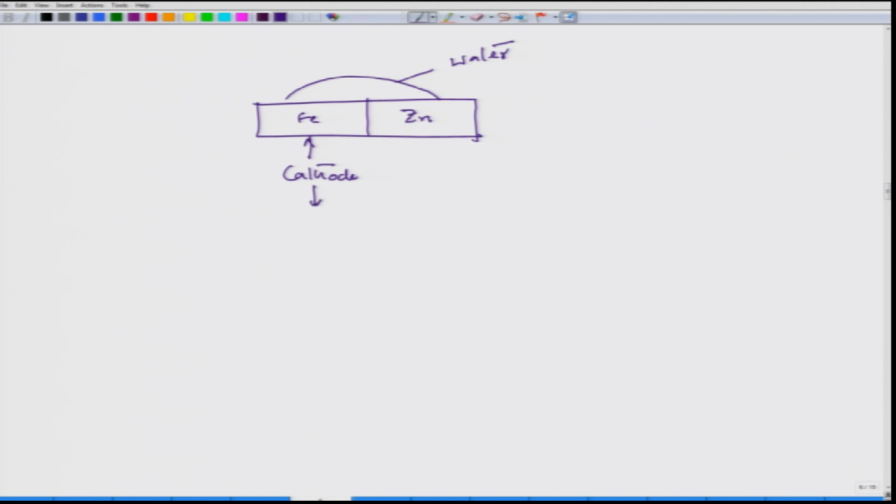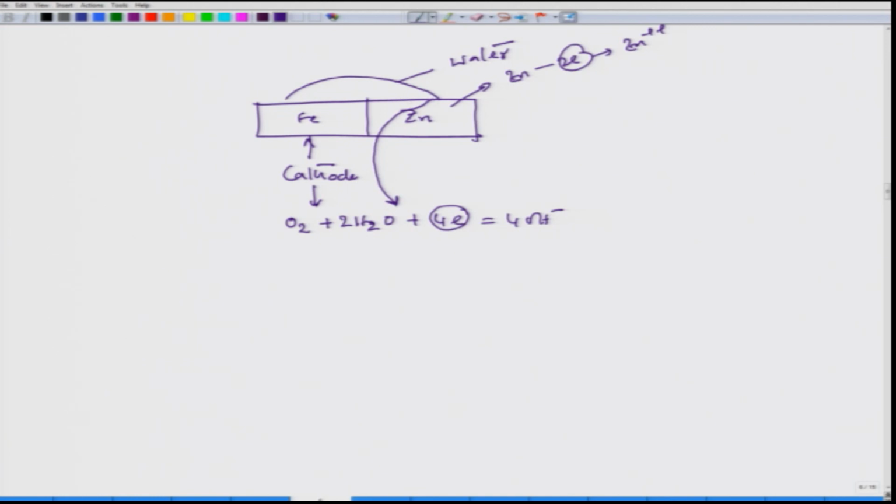but in the atmosphere we generally consider the environment to be neutral, and there the cathodic reaction that happens on the iron surface is O2 plus 2H2O plus 4e equal to 4OH minus. Now, zinc corrodes in the form of Zn2+, and for this, 2 electrons will flow and come here.